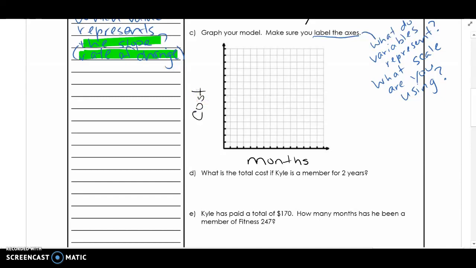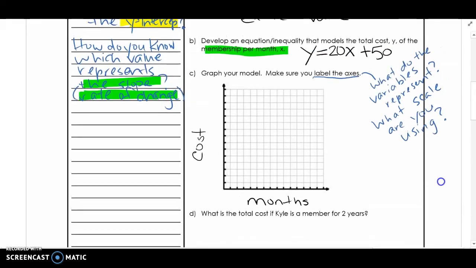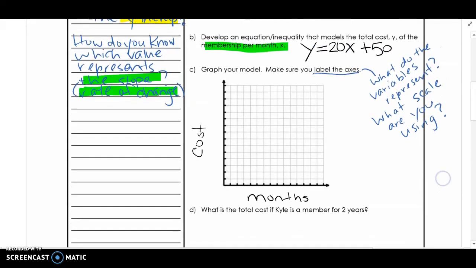Then you need to decide what scale you're going to use. Since we're starting with $50 and we're adding $20 every month, to give a good representation, we need to use a larger scale. Obviously, 1 is not going to work here. So you have to label your axis with what scale you're using.